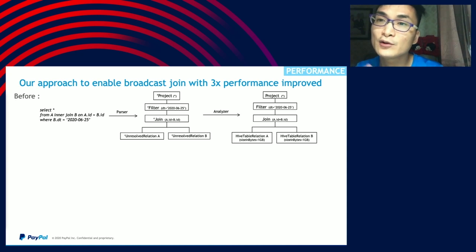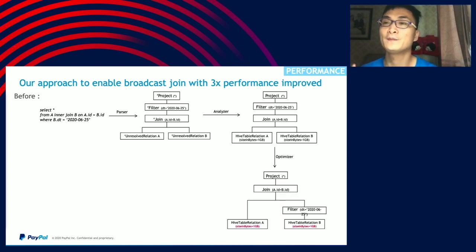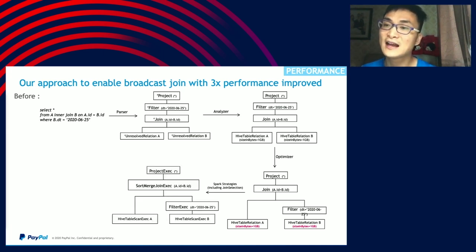As you can see, the unresolved relations A and B are resolved to Hive table relation A and B. And then the Spark optimizer will be applied to the logical plan tree, and the filter will be pushed down closer to Hive table B. As you can see, both Hive table relations A and B have a statistic item called size in bytes, and both of them are 1 gigabyte.